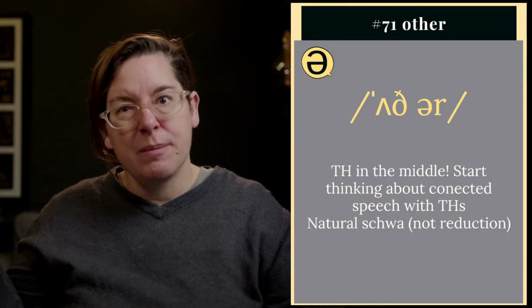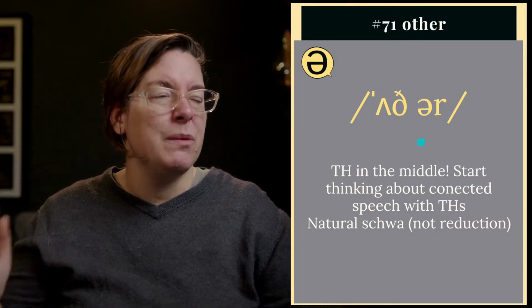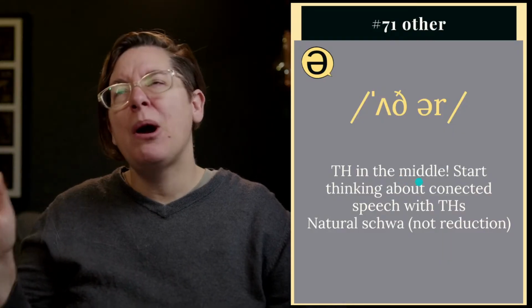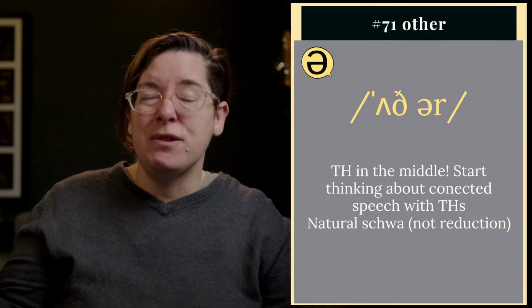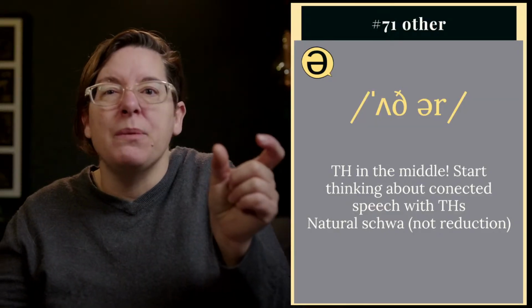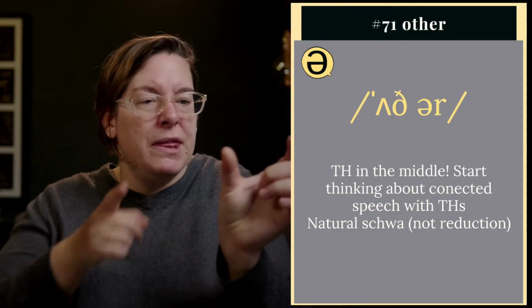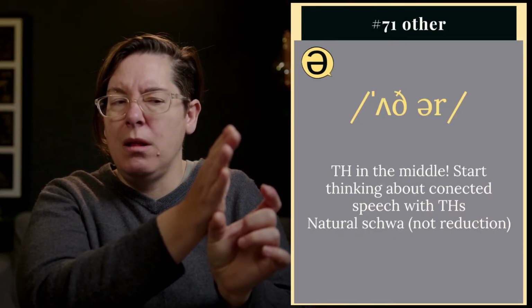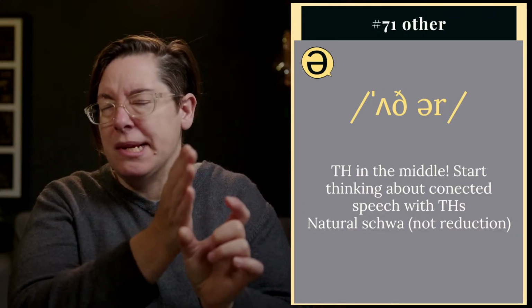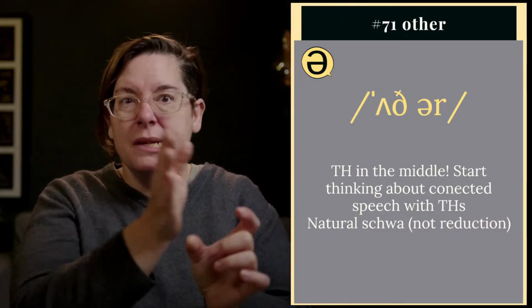Other. I'm starting from something else. And so that's not something we've talked about yet. I'm thinking about how am I going to connect it to the previous sound. All the other words we've talked about today, they were in isolation, right? We didn't put them into sentences, but the THs were the first thing. But now you can start thinking about, okay, well, I don't say these words in a list in my life. It's in a sentence.